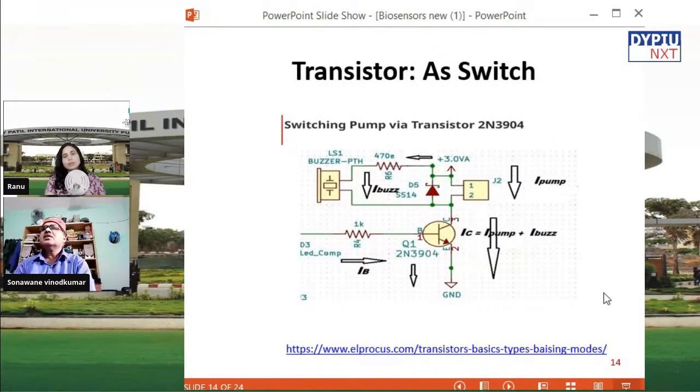While explaining the transistor as a switch in a biosensor, I am showing this circuit. In this circuit, actually, it is a very complicated circuit at first glance.